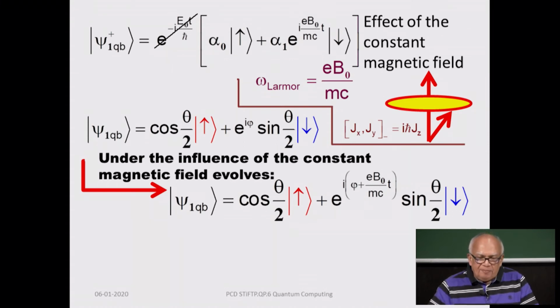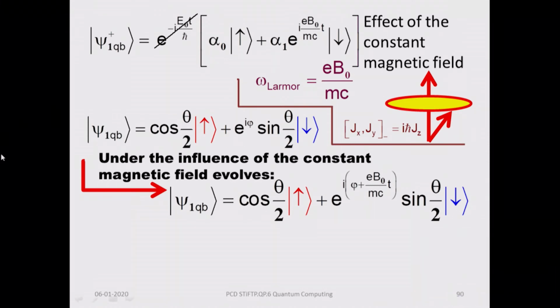And what is going to happen is, notice this phase factor now, e to the i eB0 by mc t. Where is this coming from? This is coming from the Larmor frequency. Okay, we got it on the previous slide.